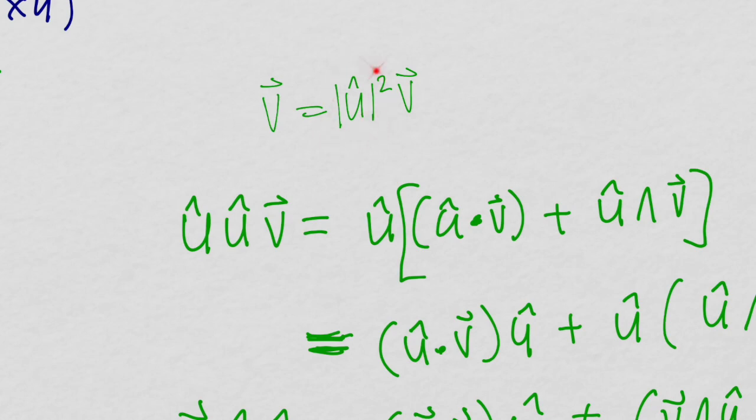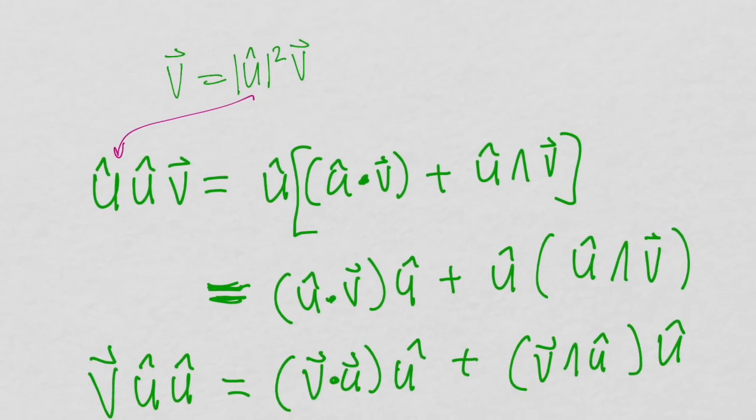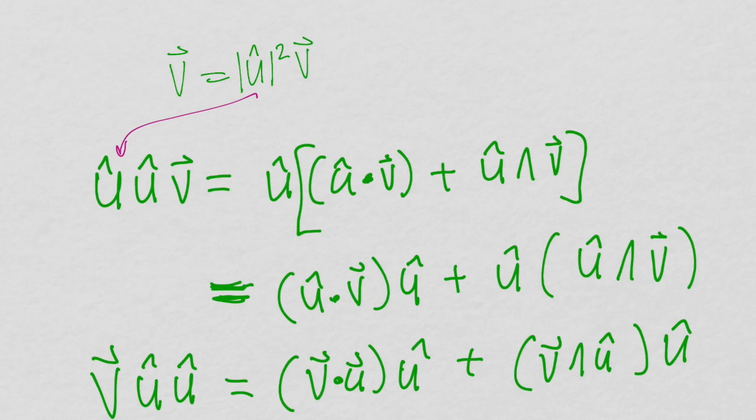But we know from our geometric algebra that this magnitude is given by the space-time product of a unit vector with itself. So we can immediately substitute u hat for the magnitude of u squared, as long as it's a unit vector like that. If it's not a unit vector, then this isn't true. But it is a unit vector.